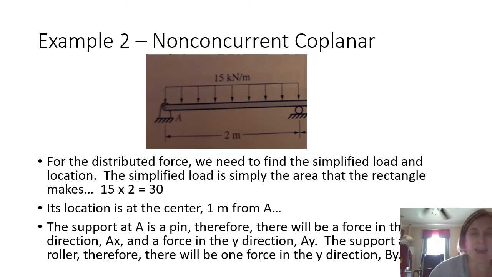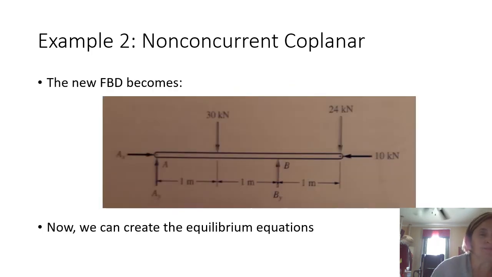The support A is a pin, so therefore we're going to have a force that goes in the upward direction and a force that goes in the horizontal direction. And support B only touches in one place, so it'll have one force there. Okay, so the new free body diagram, if I draw, and you should always do that.